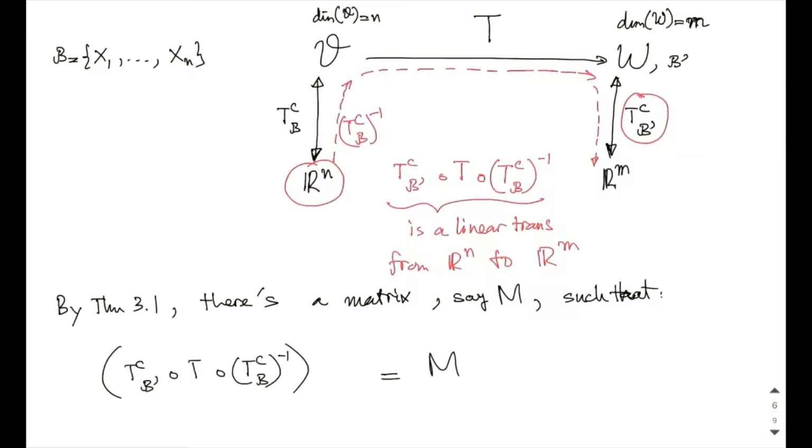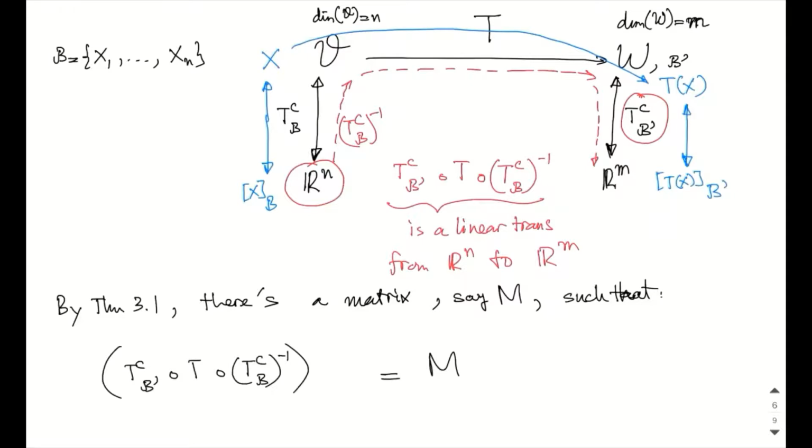To make it clear what we are going to multiply here, if you have a vector x, then it is 1 to 1 corresponding to its coordinate vectors. Then this x will be brought into W and become T of x. And the T of x will be uniquely determined by its coordinate in Rm with respect to the basis B prime.